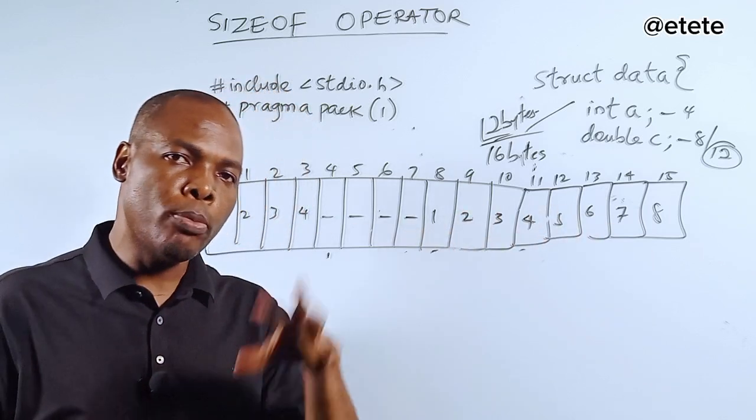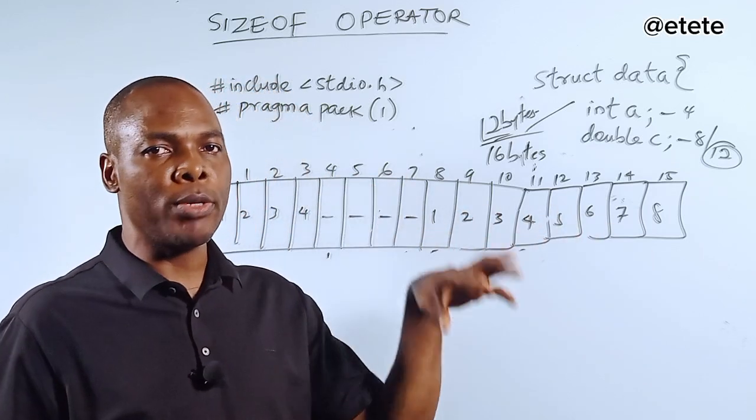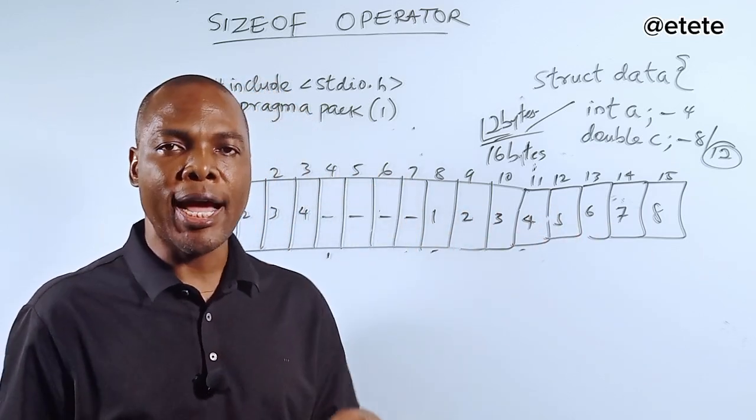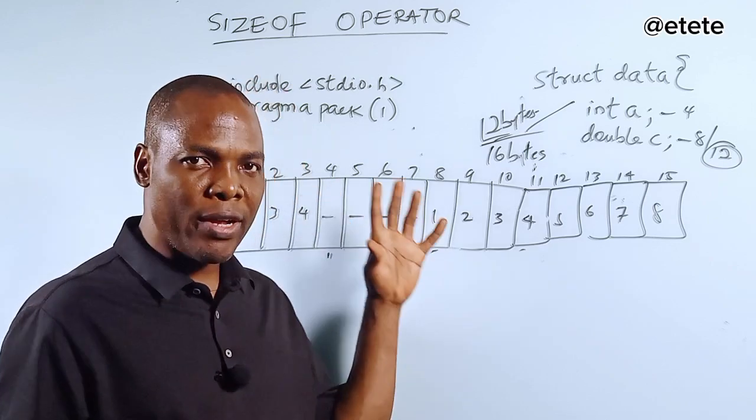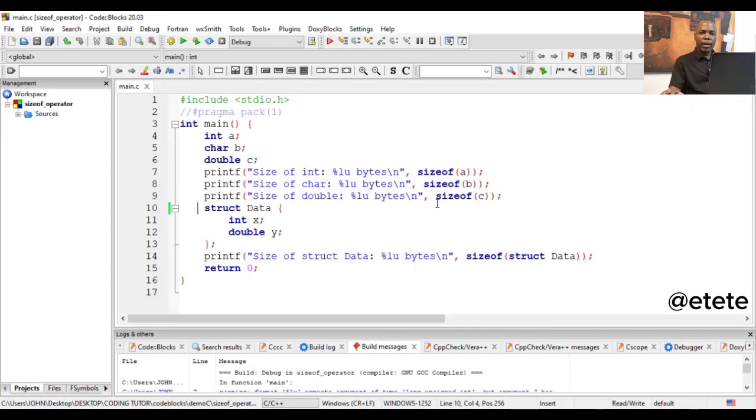So let's go to Code::Blocks and let me demonstrate the sizeof operator for you to see what the output will be like for the different data types. This is our code block. We have written the program. First, I declare the variables. The first one is A, second one is B, and the third one is C. So I want to find out the size of A, B, C. Then I also created another derived type here, which is struct data.